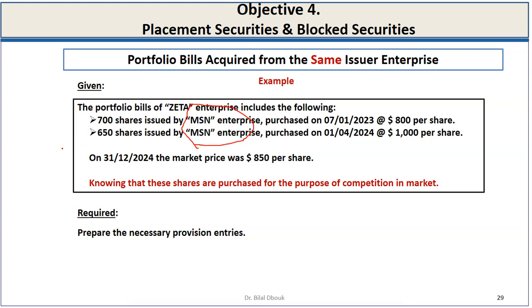First time 700 shares and the second 650 shares. The second 650 were issued at $1,000 per share on 1/4/2024. On 31/12/2024, the market price was $8.50 per share. If you know that these shares are purchased for the purpose of competition and market, it means these are placement securities. I have to prepare the necessary journal entries for provisions.